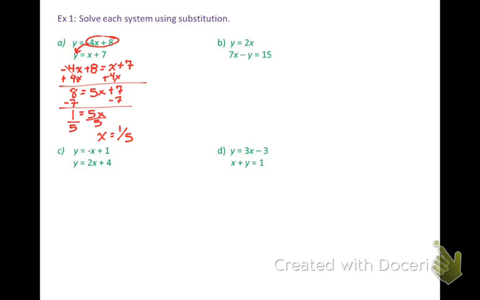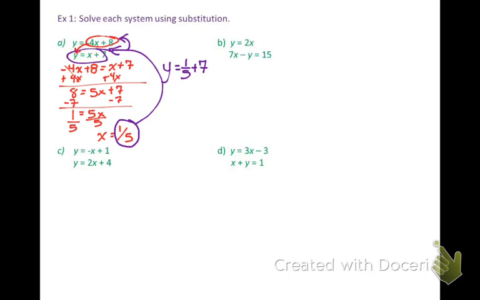Now, I have to find out what y is. I'm going to substitute this 1/5 in for x in either one of these. It doesn't matter. I'm going to do the bottom one because it's so much easier. It says y equals 1/5 plus 7. Either way you do it, you'll get the same answer.